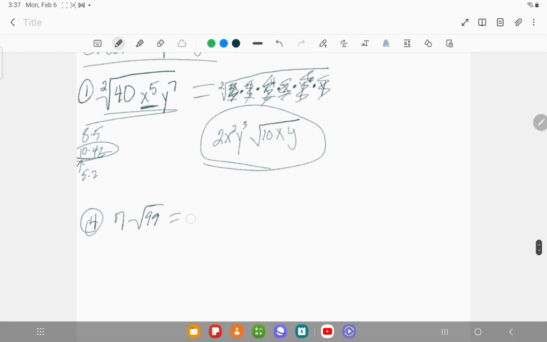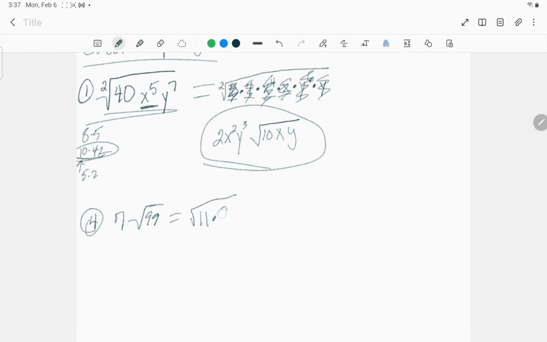But the perfect square is 11 and 9. Okay. Square root of 9 is 3, which leaves me with 21 times the square root of 11. All right, so this is a checkup. This is stuff that you should already know.